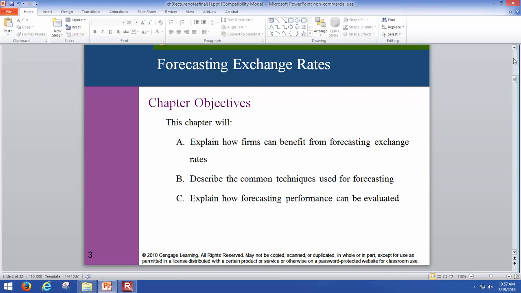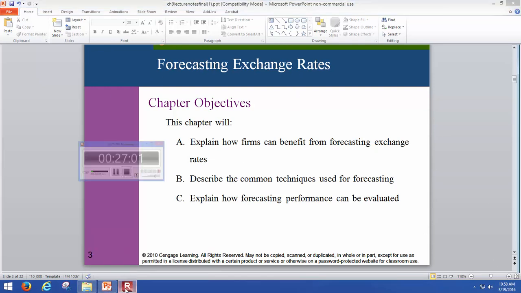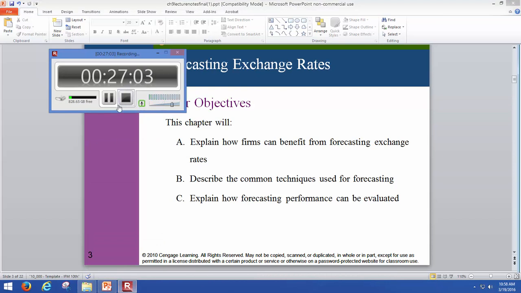We talked about the common techniques used for forecasting, and that would be technical forecasting, market-based forecasting, and fundamental forecasting. And we also talked about how forecasting performance can be evaluated. So basically there, we went back and collected the information, and we want to see how good a forecast we are having.